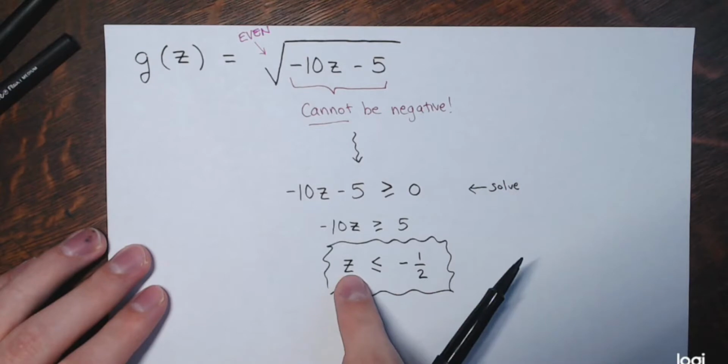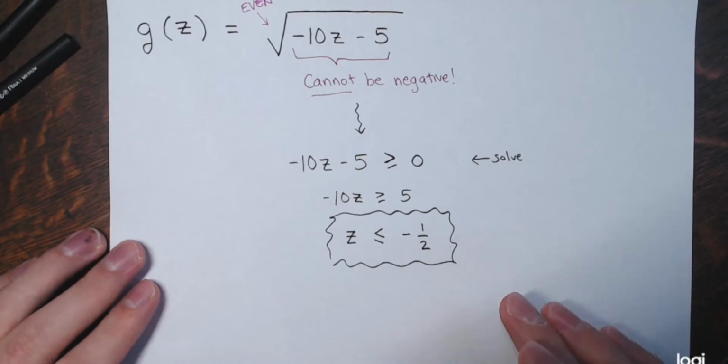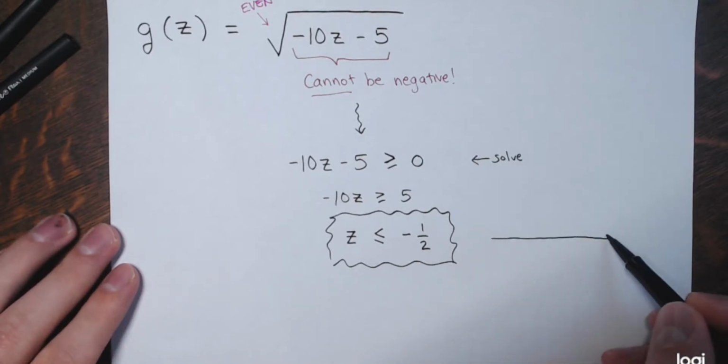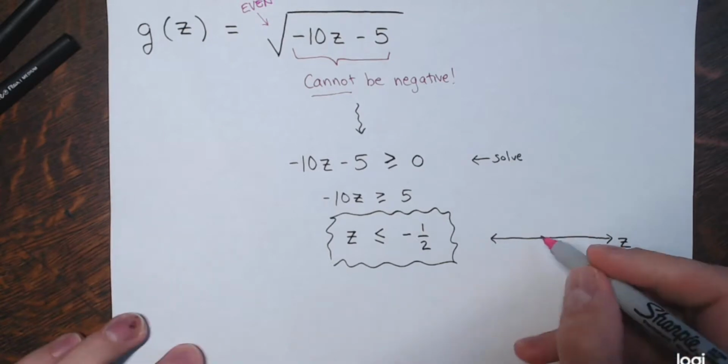I can plug in negative 1/2 for z, or any number less than negative 1/2. Now if you think of a number line, now I know they're not asking us to do a number line here, but here are values of z, and the number negative 1/2 shows up.